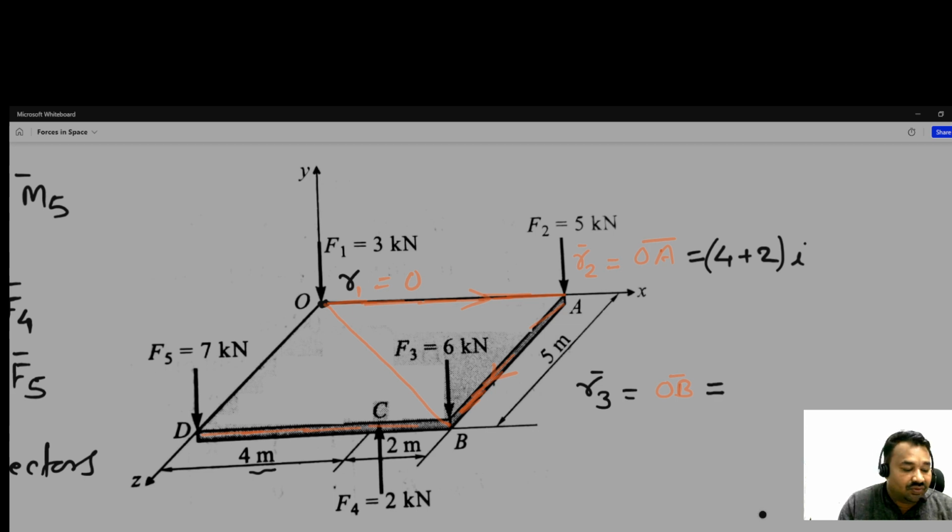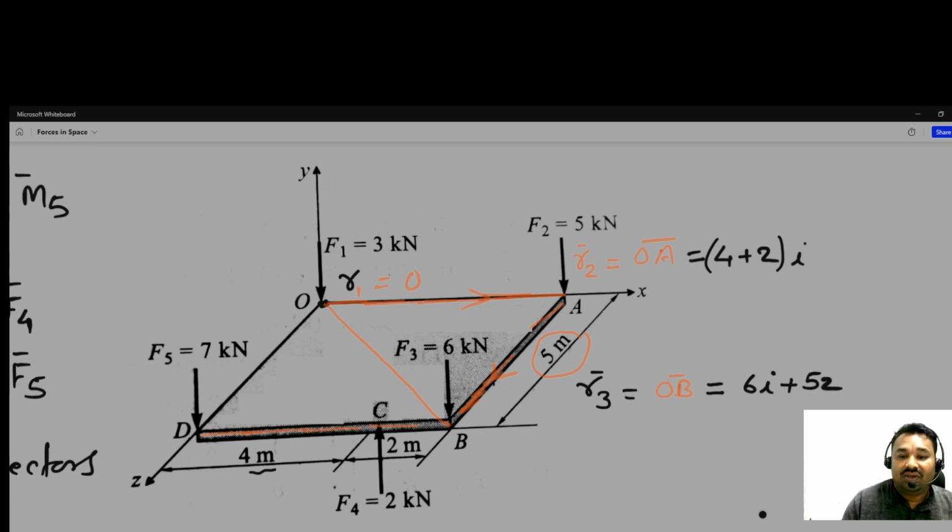Firstly we move in the x direction, and it is 6i, and then in the z direction it is 5 meter. That's why here 6i plus 5k.